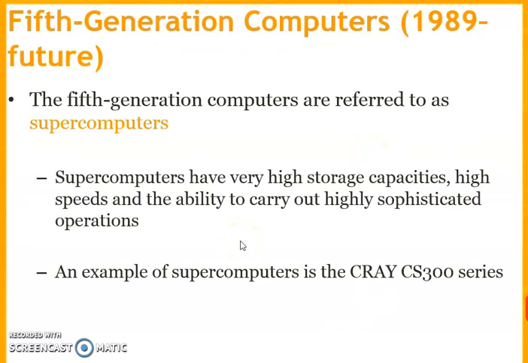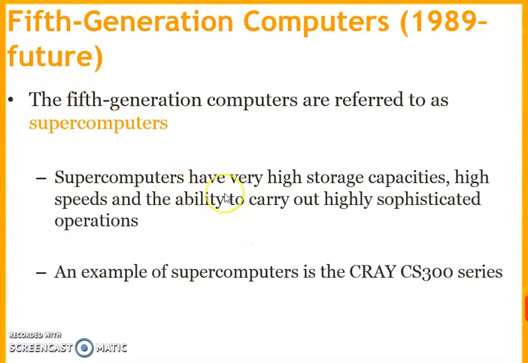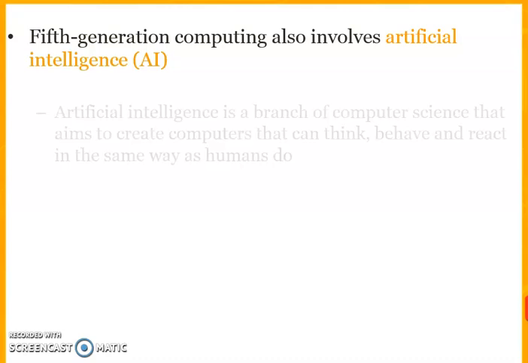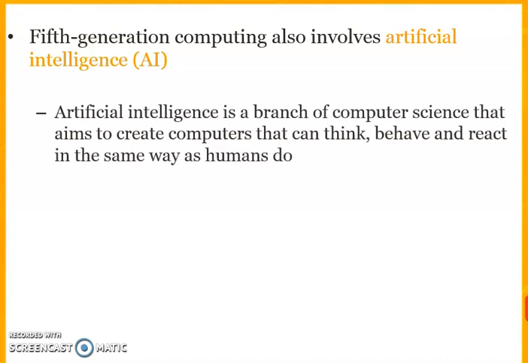The supercomputers have high storage capacities, high speeds, and the capability to work on highly sophisticated operations also. Now these have the ability to think. The fifth generation means artificial intelligence.